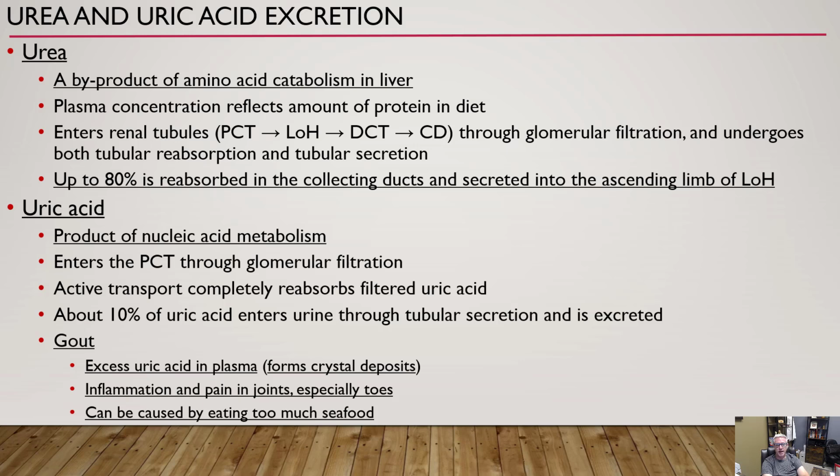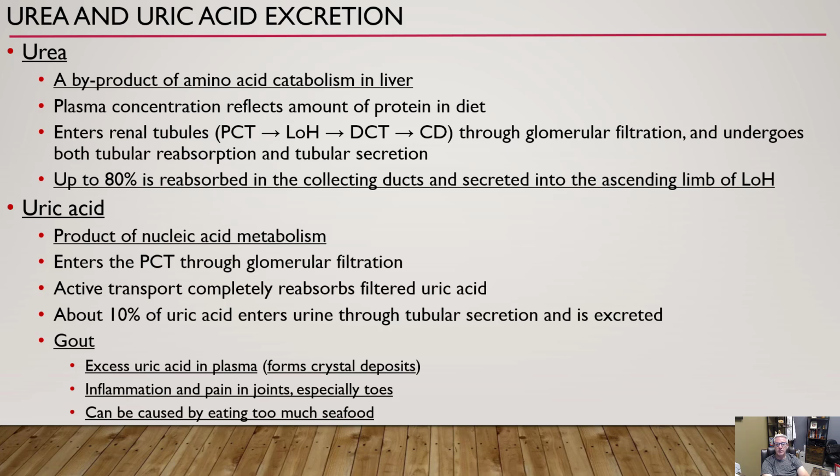The amino acids get broken down into urea in the liver, and that urea is going to enter the renal tubules. It's going to enter the proximal convoluted tubule, loop of Henle, distal convoluted tubule, and collecting duct through filtration.